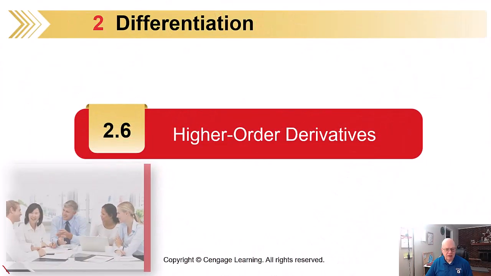Welcome back to Calculus. We're going to talk a little bit more of Math 122, and this time 2.6, higher order derivatives. One caution, however: you must be fluent in everything up through 2.4. That's the product and quotient rules.